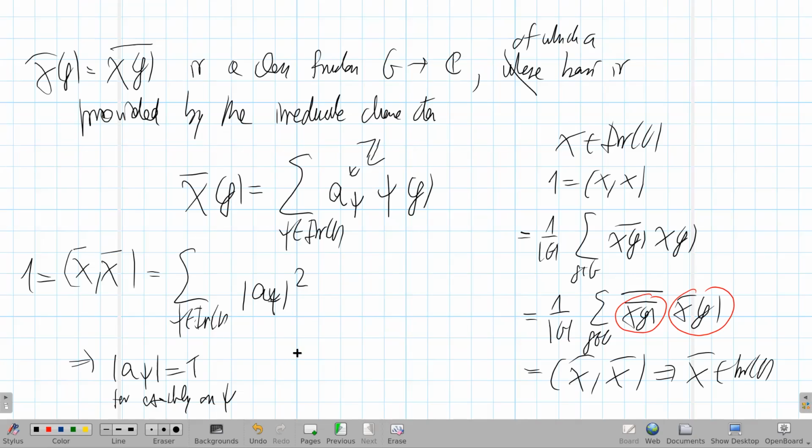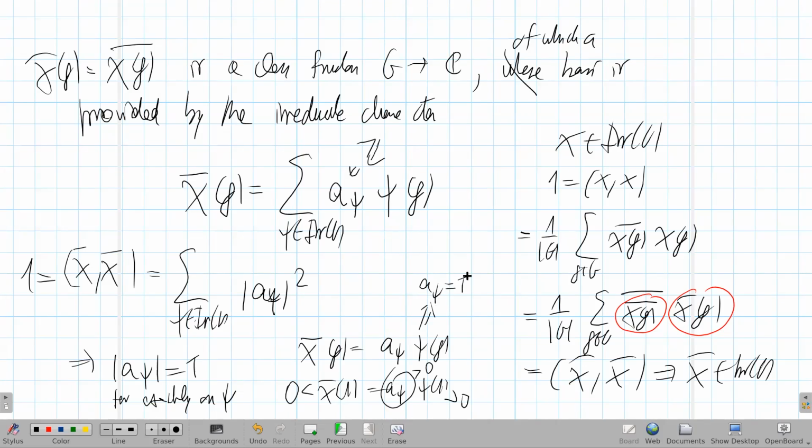So you found that chi bar of g is a_psi times psi of g for some psi, and if you evaluate at 1, which is a positive number, this is also positive, so a_psi has to be positive, and so it has to be 1. I hope this is clear, but I think it's not the first time I discuss this. So the conjugate of an irreducible character is still an irreducible character.